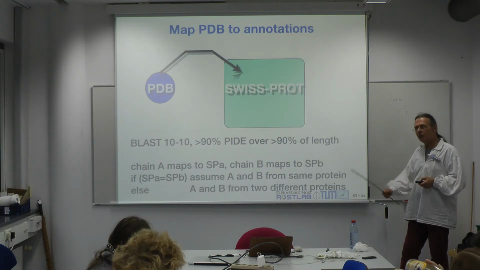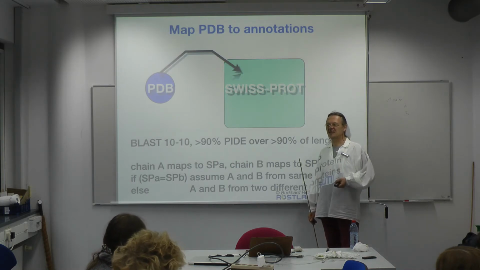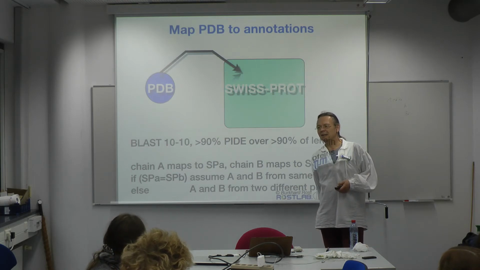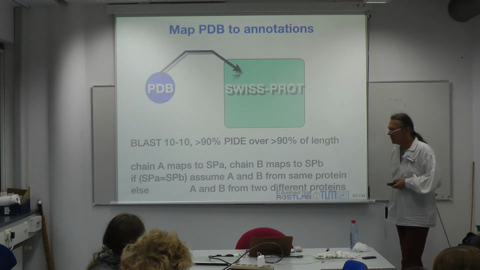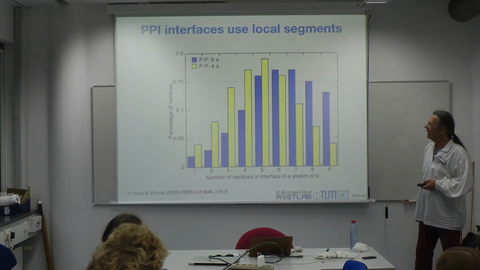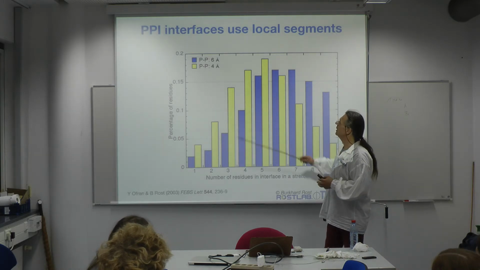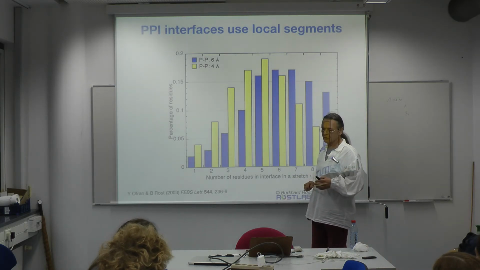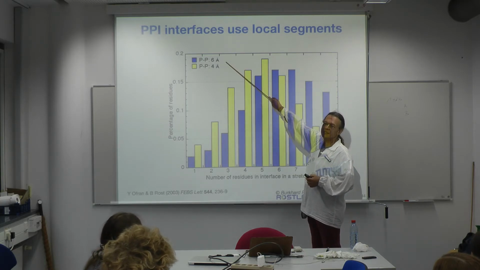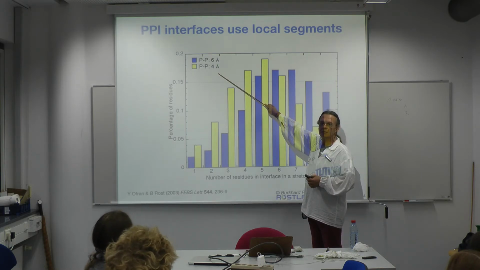Yes, and that could, by the way, I never thought about, now we could go back and try to learn, but I don't believe this is easy to learn. I'm not sure. But anyway, this is the way you can create a relatively large data set. And then you can look at certain things. For instance, that graph was surprising to me for two different thresholds in terms of what you consider a contact: either the closest atom being 6 angstrom in blue, or the closest atom being 4 angstrom in yellow.